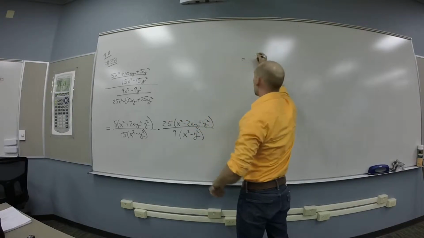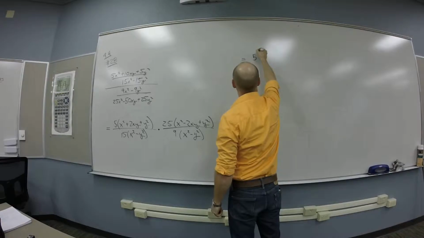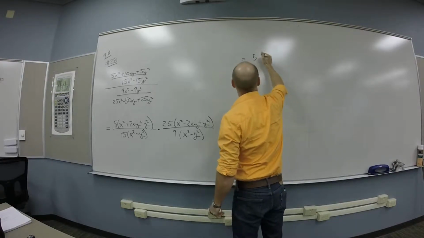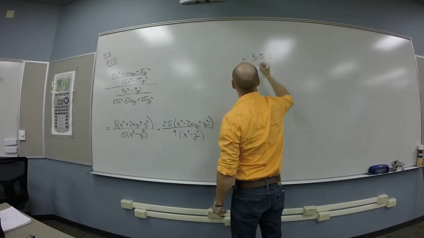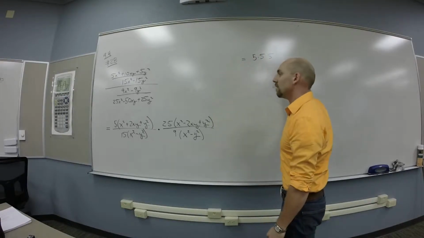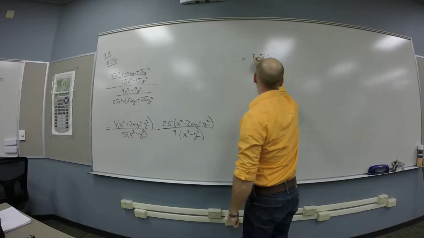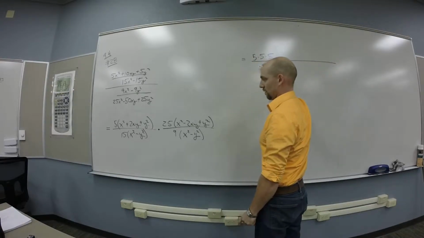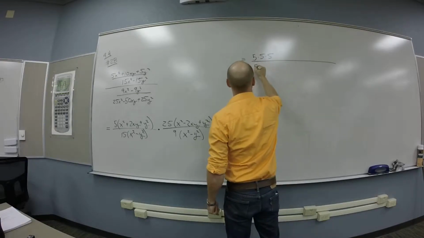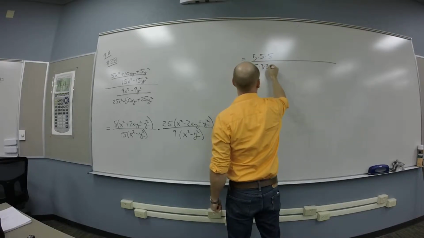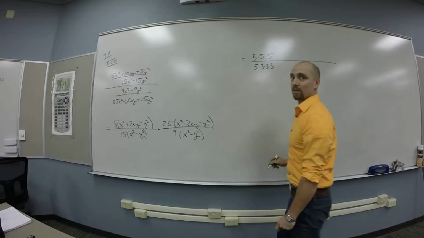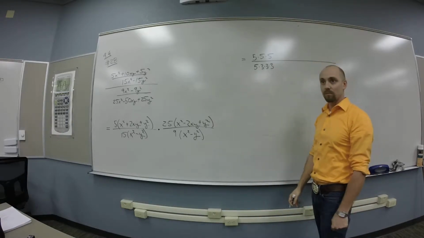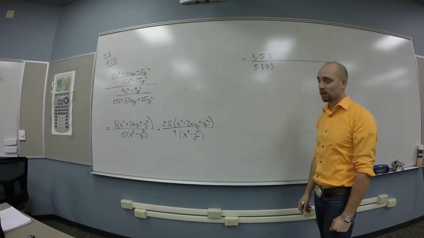So all told, that's a 5 cubed, or maybe 5 times 5 times 5. And then on the bottom, what have I got for numbers? You have 5 and 3 and 3 and 3. Okay, I've got a 5 times 3 times 3 times 3. Okay, so one of the 5s will cancel, and otherwise I'm kind of SOL on canceling down there.